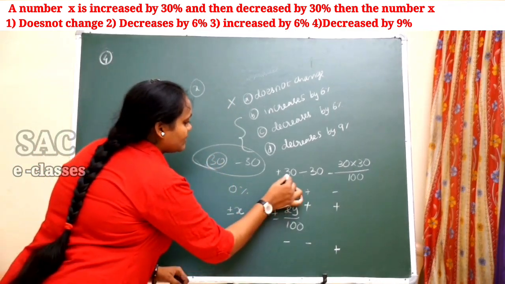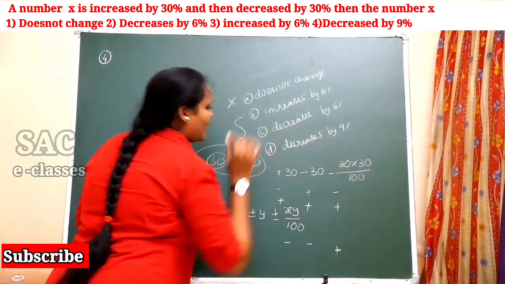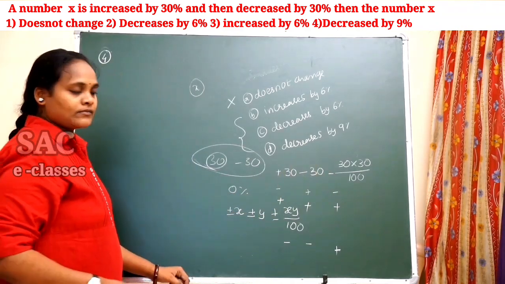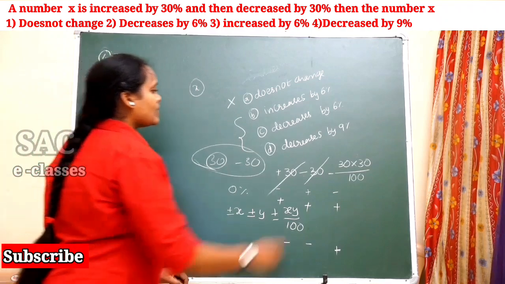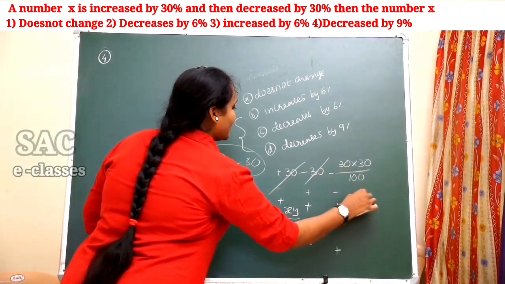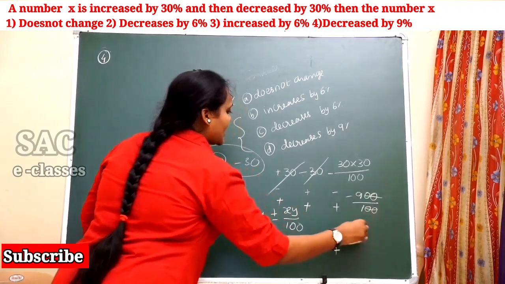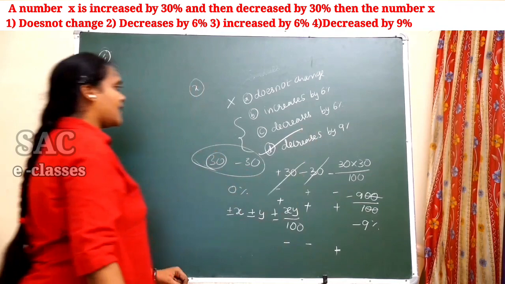So what you should write? Plus 30, minus 30, 30 into 30 by 100. But plus into minus, minus you have to write. Anyhow, plus 30 minus 30 cancel. 30 into 30, minus 900 by 100. What we get is minus 9%. So it is decreased by 9.